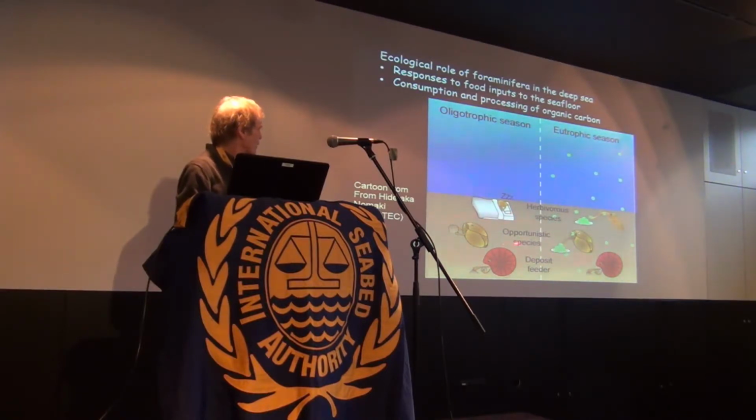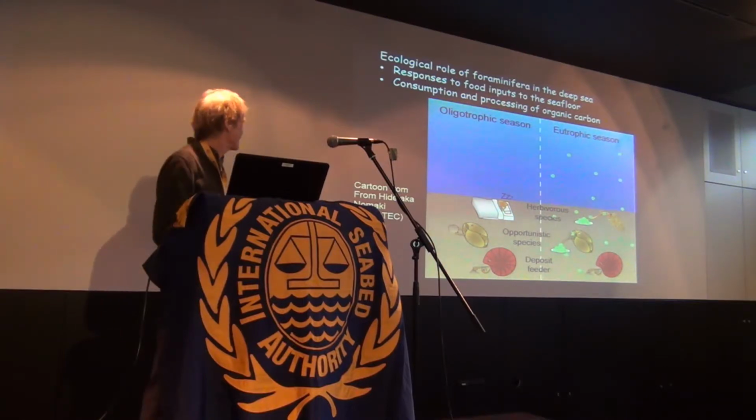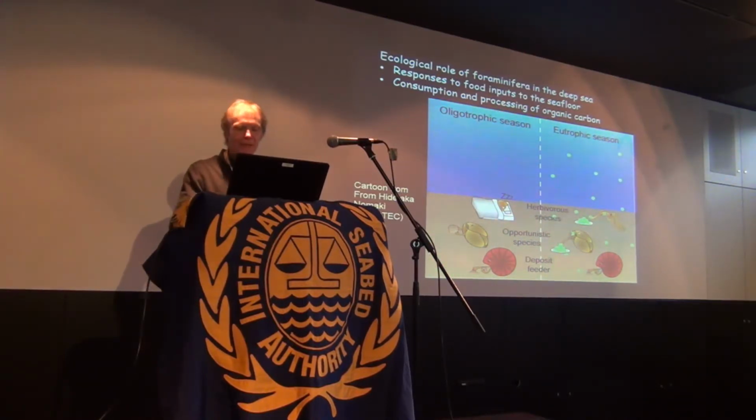Some are opportunistic, they'll feed on sediment or on fresh organic material, and then others are deposit feeders. This is a very nice cartoon from Petersen at Jansen, which I borrowed from him. So we've got these three basic types of trophic strategy among abyssal forams.